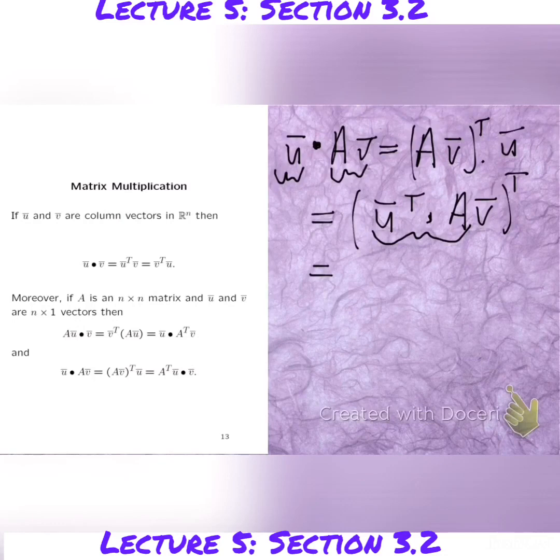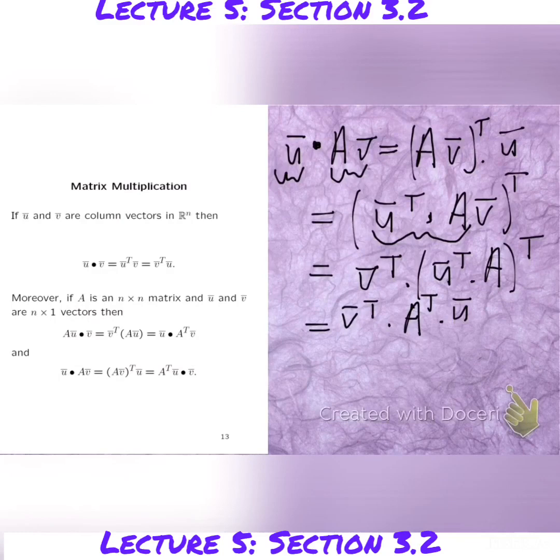So applying the transpose law, you're going to have the vector V's transpose multiplied by this matrix here, U's transpose multiplied by A, everything transpose. That's just an application of the transpose law. So that's going to be V's transpose multiplied by A's transpose multiplied by the vector U.